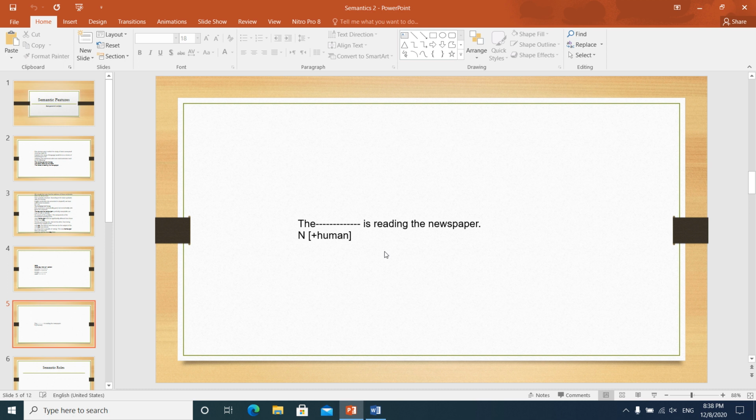Only human beings, irrespective of any other feature, whether singular, plural, etc. Of course, it should be singular because we have the verb is here, but it should be plus human. Otherwise, no noun can fit in the blank unless it is plus human.